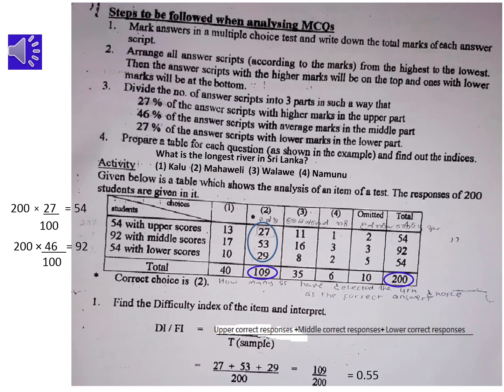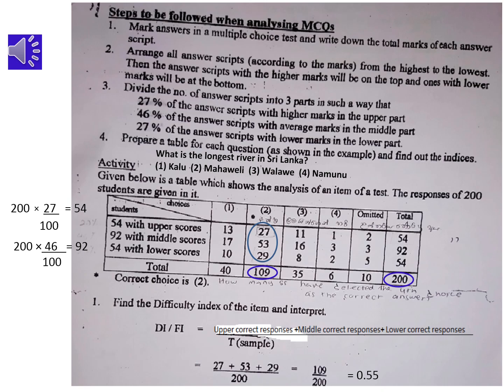Now what is this upper correct responses? Go to the first level. Clever students: 13, 27, 11, 1, 2, 54. That's the upper responses. But you have to take the upper correct responses. So what is the value you have to take? 27.